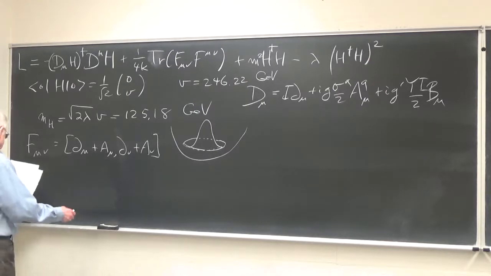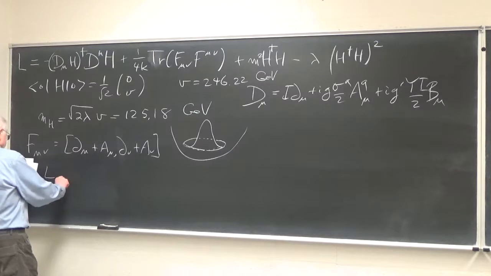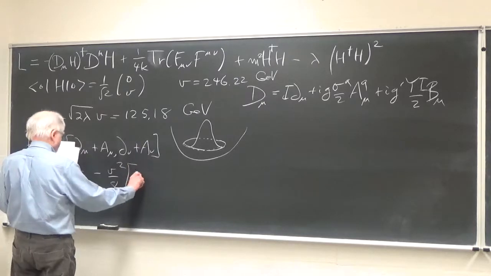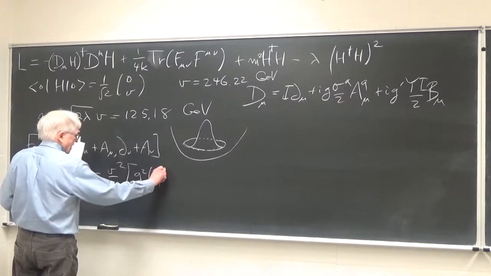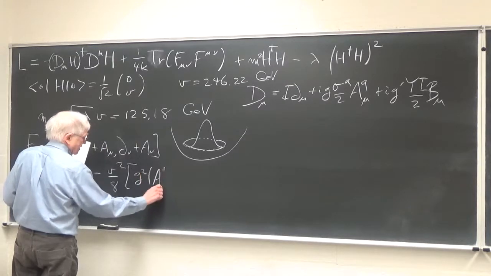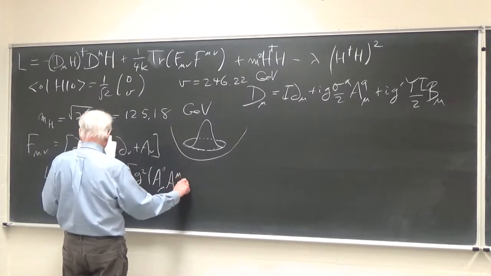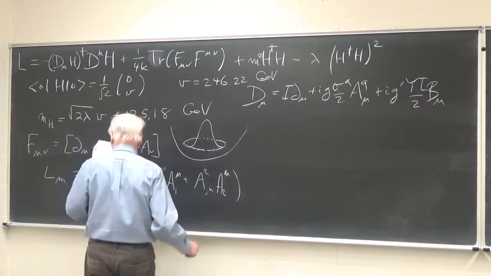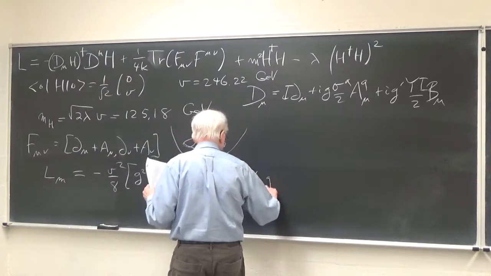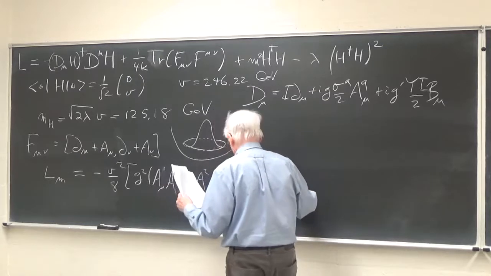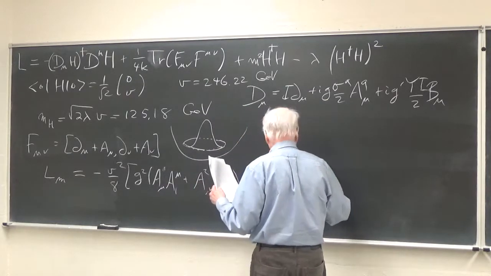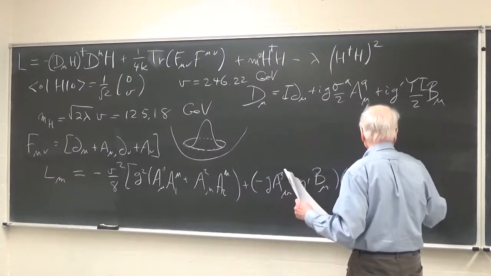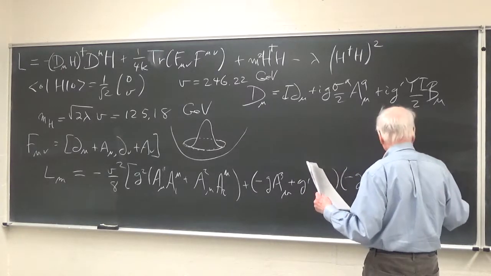And after a certain amount of massaging, the mass terms look like this: minus v squared over 8 times g squared, a1 mu a1 mu plus a2 mu a2 mu, plus minus g a3 mu plus g prime b mu times minus g a3 mu plus g prime b mu.